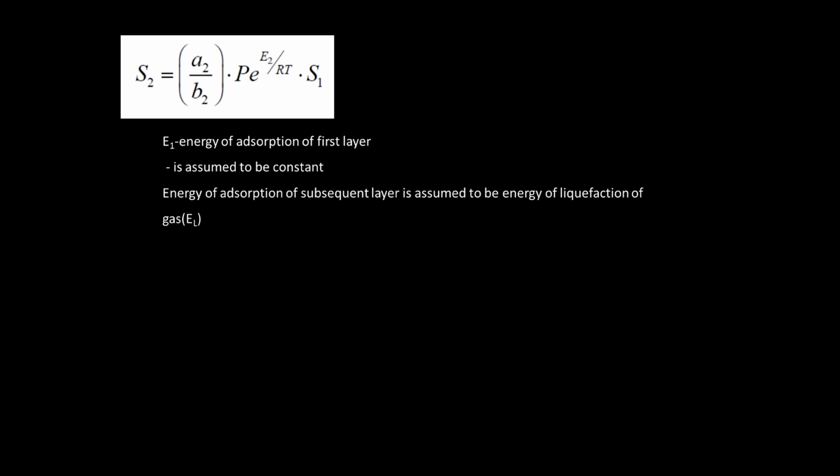We have already seen that E1, the energy of adsorption of the first layer, is assumed to be constant, and the energy of subsequent layers is assumed to be the energy of liquefaction of gases, denoted as EL. That is, E2 is equal to E3, equal to E4, etc., up to Ei, that is equal to EL.